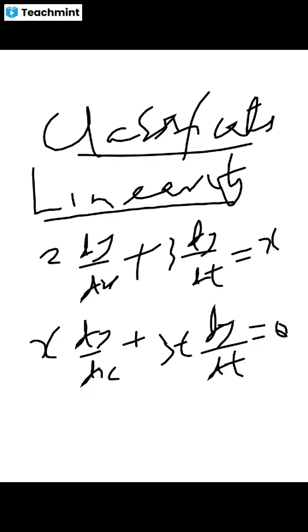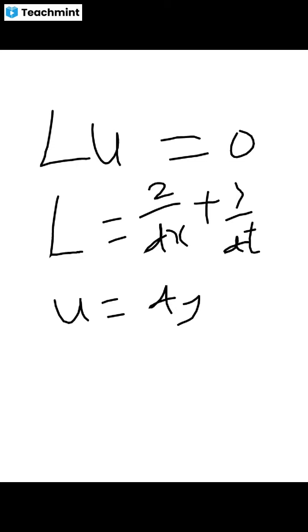If you look at it, our u is the y, and this is 2 over dx, this is 3 over dt. Our dy will be moved out, and the y will now become u, and our L will now become 2 over dx plus 3 over dt, which is equal to x.